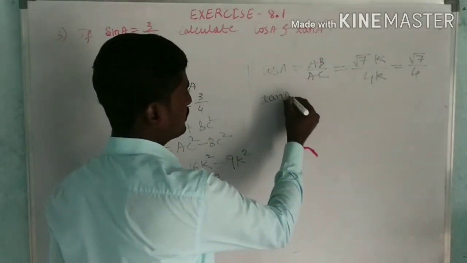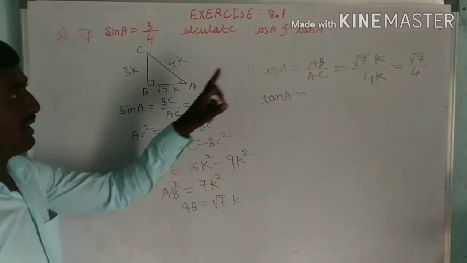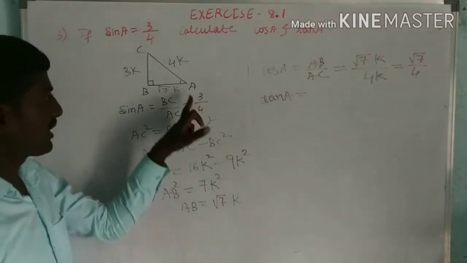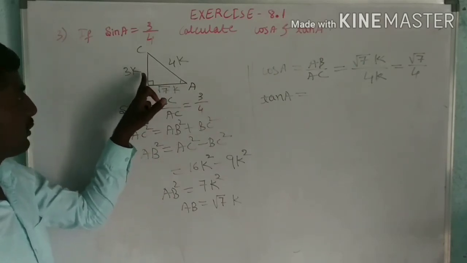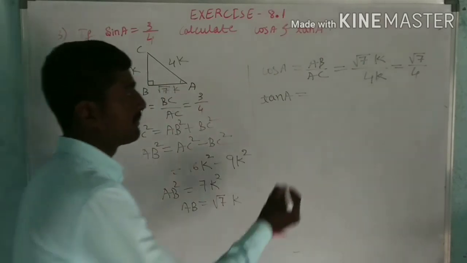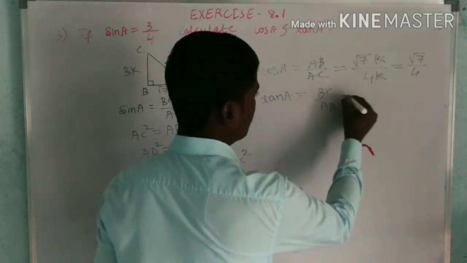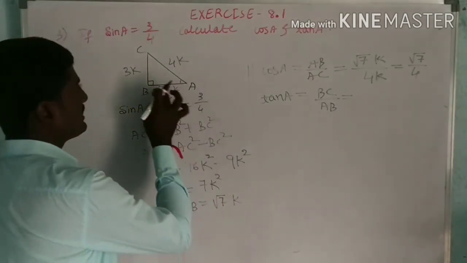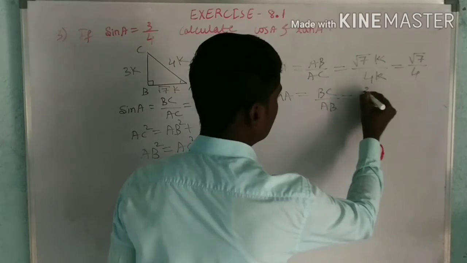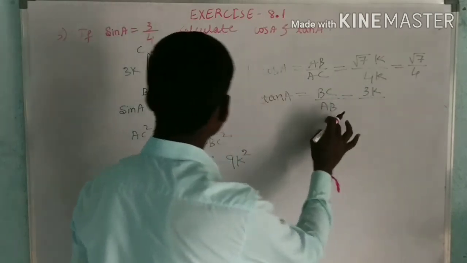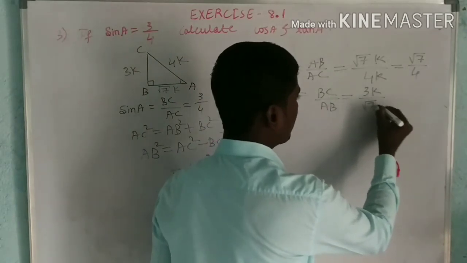And another one is tan A. So tan A is nothing but what? Opposite by adjacent. According to the angle A, opposite is BC, adjacent is AB. Tan A is equal to BC divided by AB. Substitute the value. BC is equal to 3K divided by AB value, root 7K.